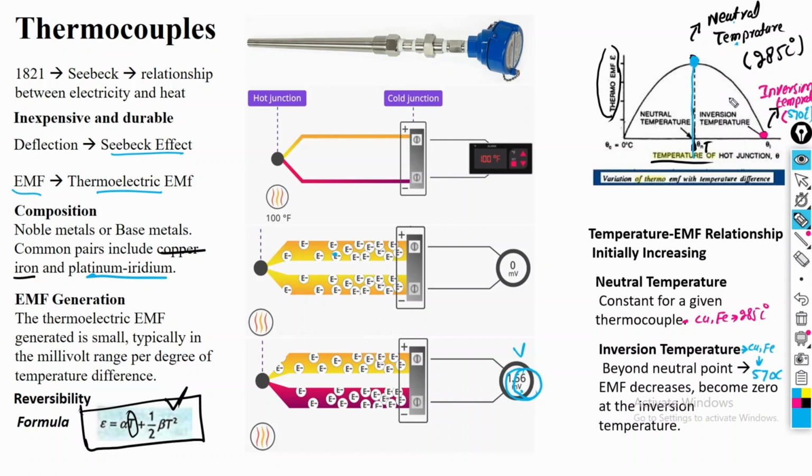Beyond that temperature, by increasing the temperature, the thermoelectric EMF decreases, and it reaches a point called inversion, and the temperature at that point is called the inversion temperature. At that inversion temperature, the thermoelectric EMF of the given pair is 0.